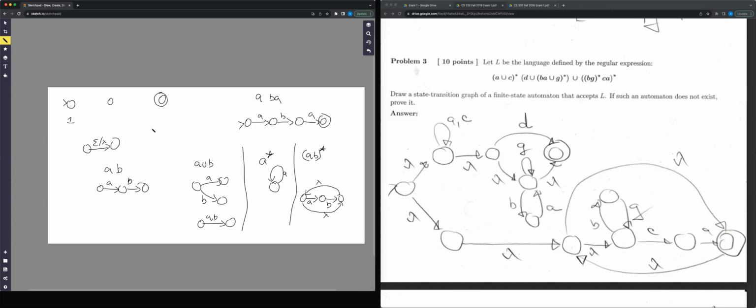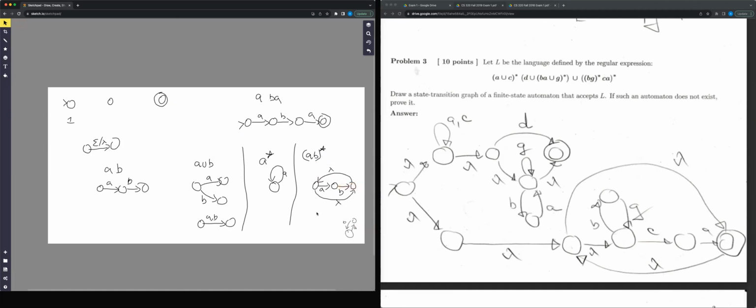There's another way of doing this. From a given state, I could go A to get here and then B to go back. So this is also (AB) star. It's all up to you how you choose to draw these, but they are all correct.